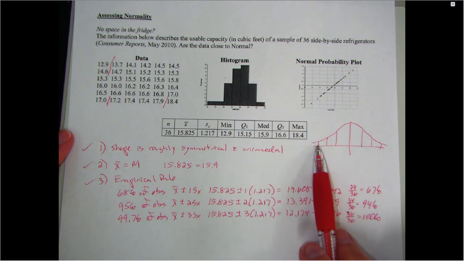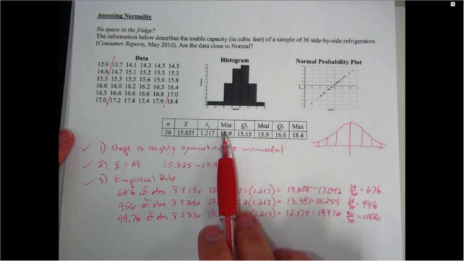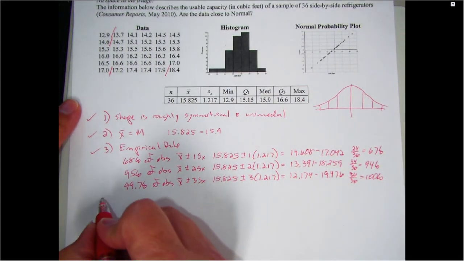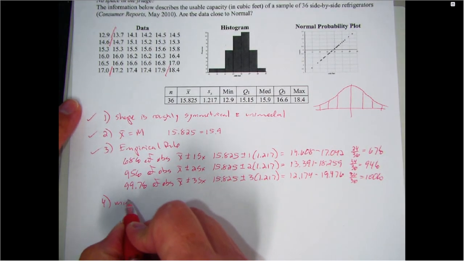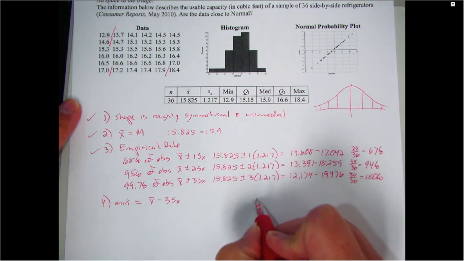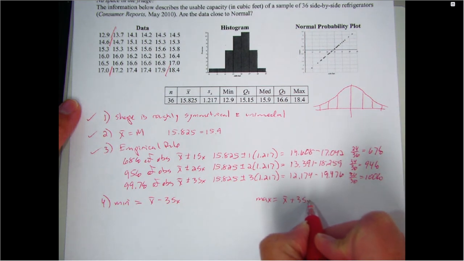So let's check that low negative 3 standard deviation value and that positive 3 standard deviation value against the min and the max, because they should be pretty close. So the min should be approximately equal to the mean minus 3 standard deviations, and the max should be pretty much equal to the mean plus 3 standard deviations.